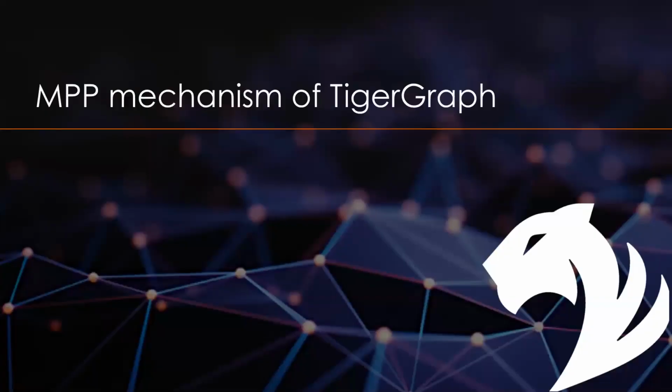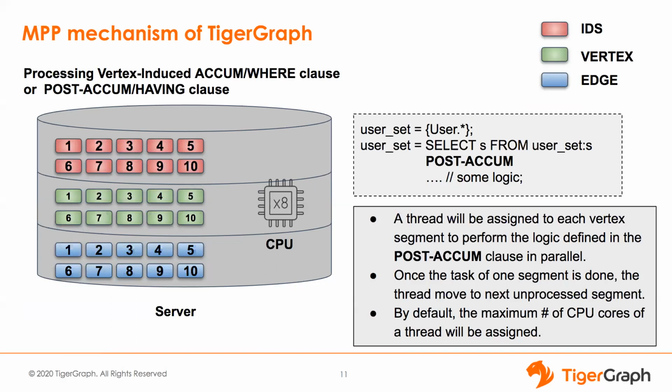Okay, so based on this type of storage, how do we run MPP on it? First, say we have a server with some CPU cores, and these are all the segments stored on this server. The red is IDS, green is vertex, blue is edges.